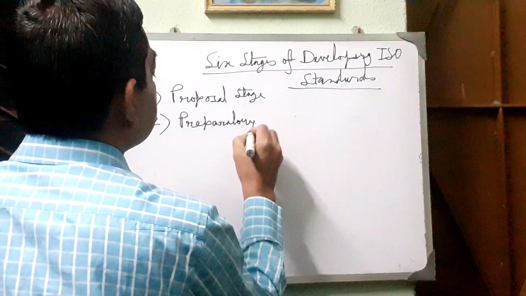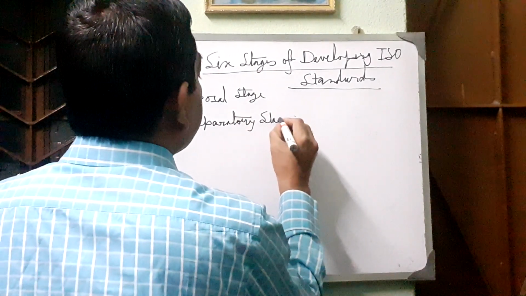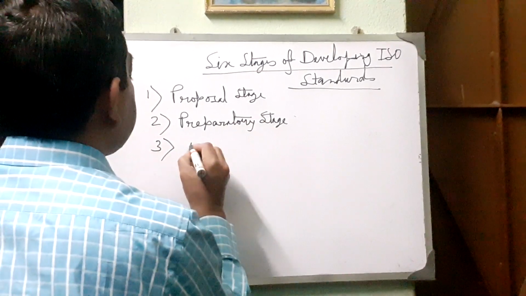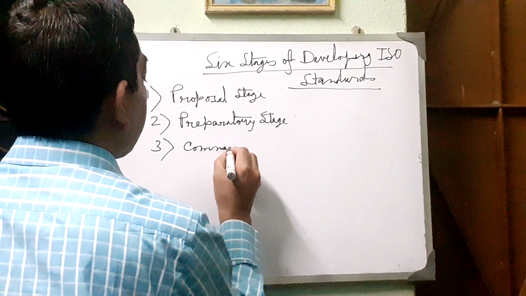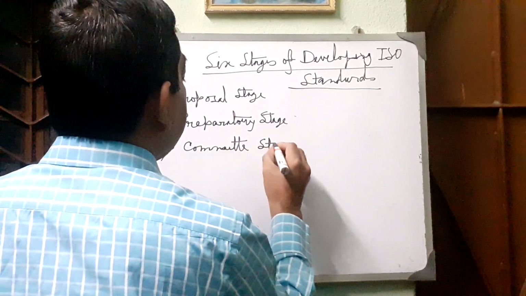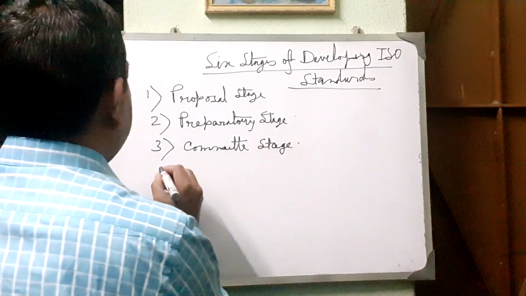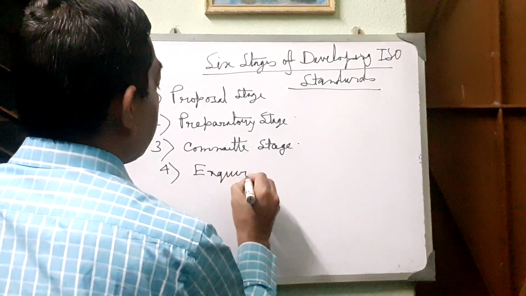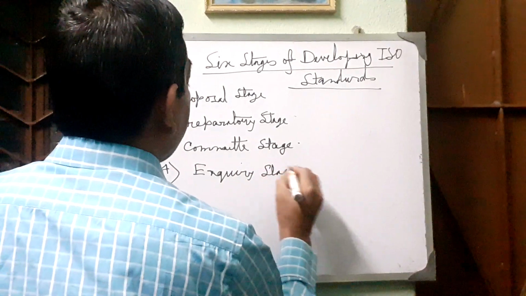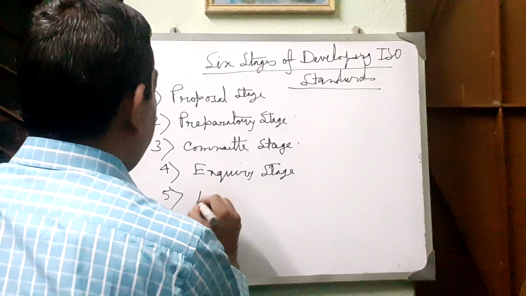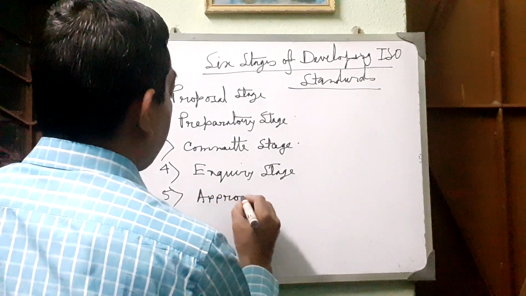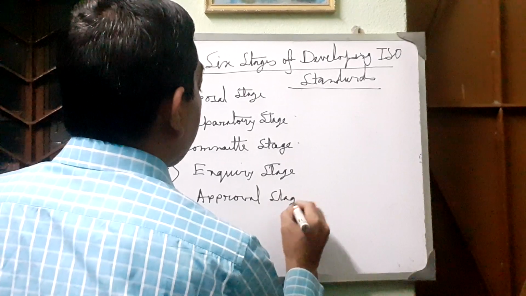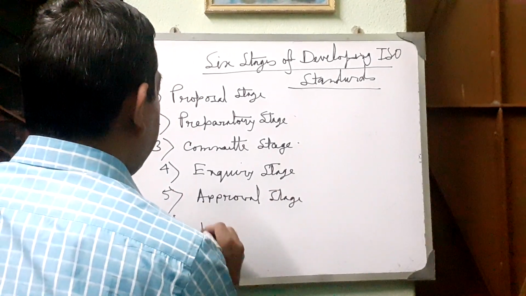Second is the preparatory stage. Third is the committee stage. I will discuss each stage one by one. Fourth is the inquiry stage. Fifth is the approval stage. Sixth is the publication stage.